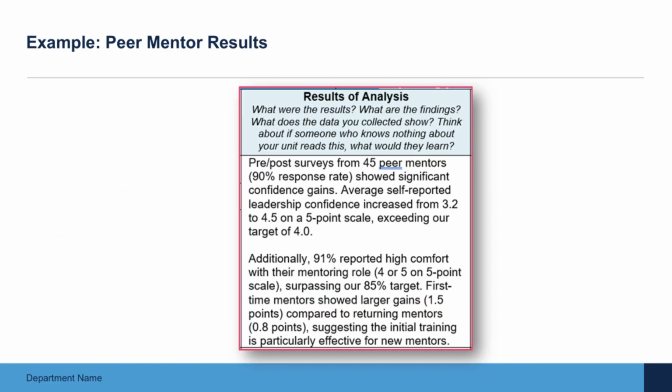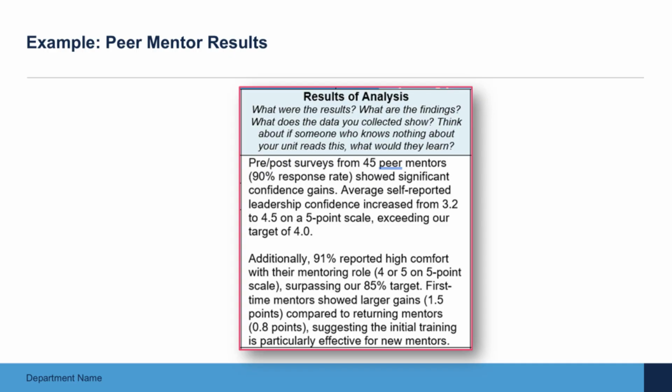Here's a complete example for our peer mentor outcome. Pre/post surveys from 45 peer mentors, with a 90% response rate, showed significant confidence gains. Average self-reported leadership confidence increased from 3.2 to 4.5 on a 5-point scale, exceeding our target of 4.0.